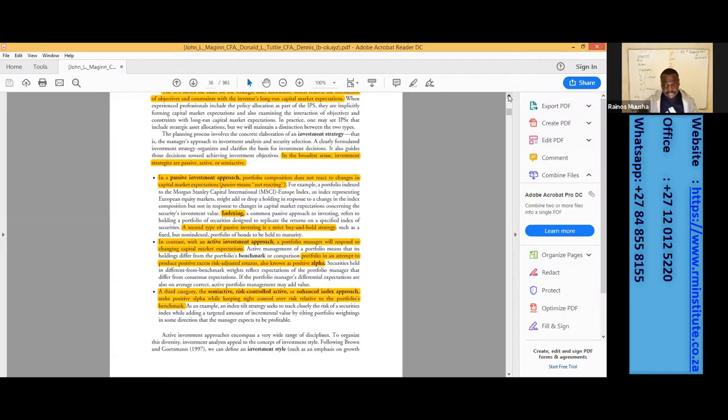How much is actively managed and how much is passively managed will depend on exactly what the risk appetite set forth for the fund would be as well. So you're having a combination of actively managing the portfolio and some of it being what? Passively managed as well. So that's when you're going to be having a semi-active investment strategy.